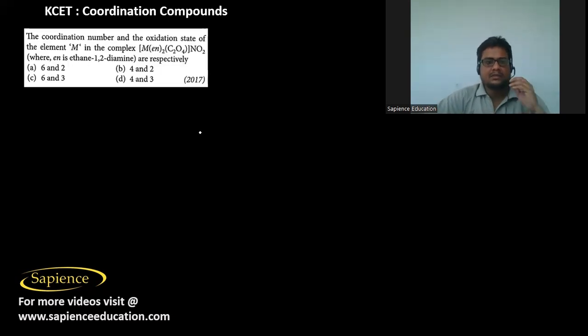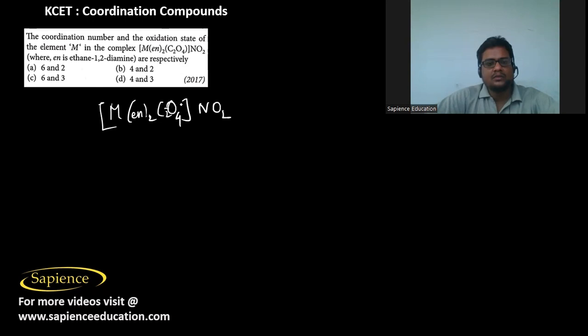Then it is told about the coordination number and the oxidation state of the element M in the complex M En2 C2O4 NO2. Now C2O4 is the 2 minus ion, which is called the oxalate ion. Oxalate is also a bidentate ligand.